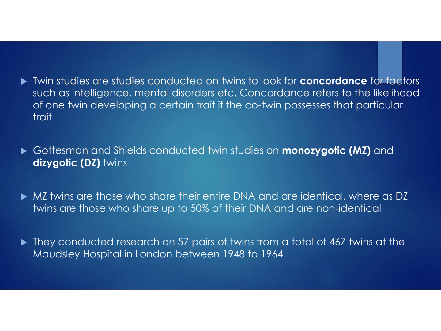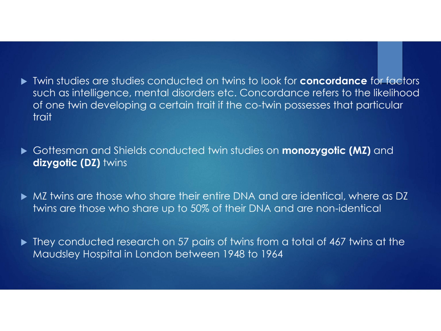And dizygotic are those that share 50% of their DNA and are non identical twins. And how did we find out whether the participants from the 57, how many were identical, how many were non-identical? Well, you would think obviously by looking at them, we'd be able to tell. But for a more valid conclusion, DNA testing was done to ascertain which of these twins were MZ and which were DZ.